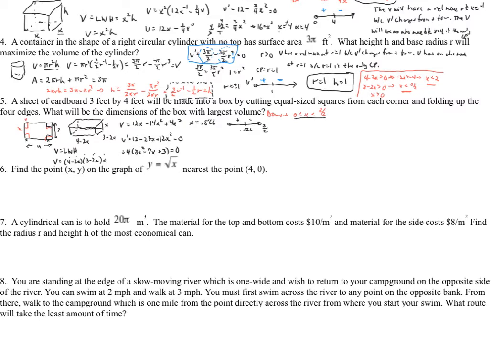And so we can make that similar argument that V has a relative max, hopefully this is getting more comfortable, at x equals 0.566 because V prime changes from positive to negative, period.